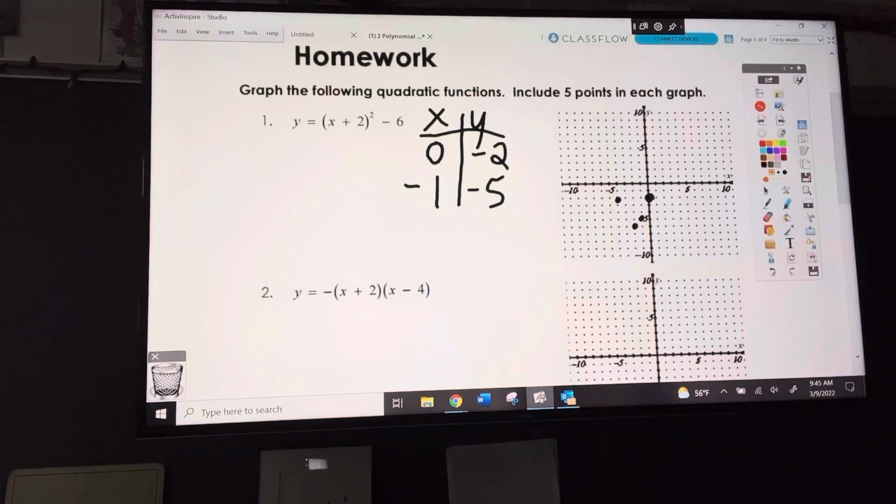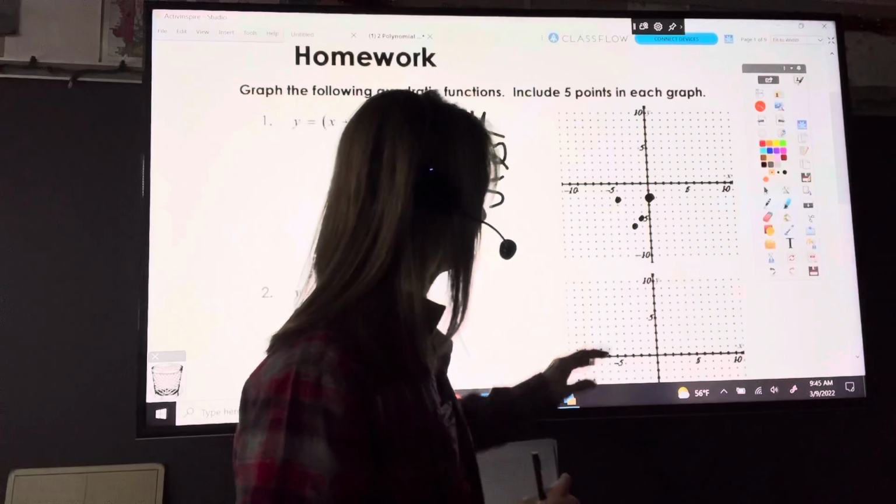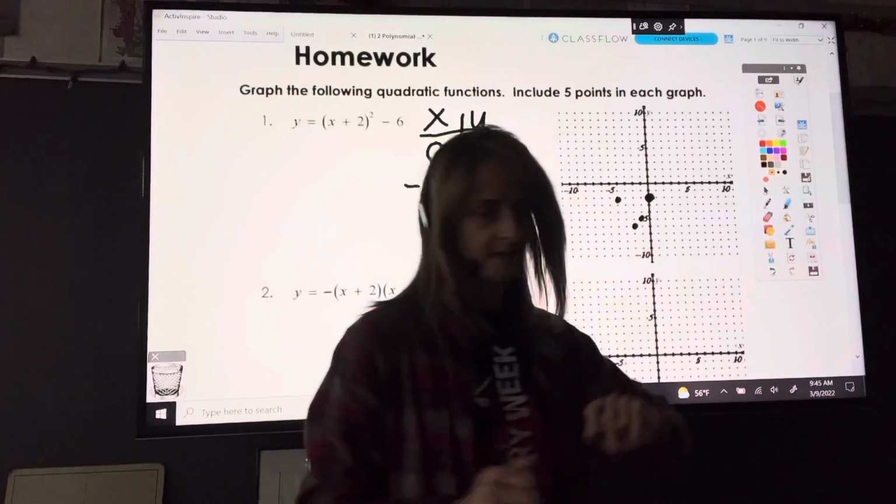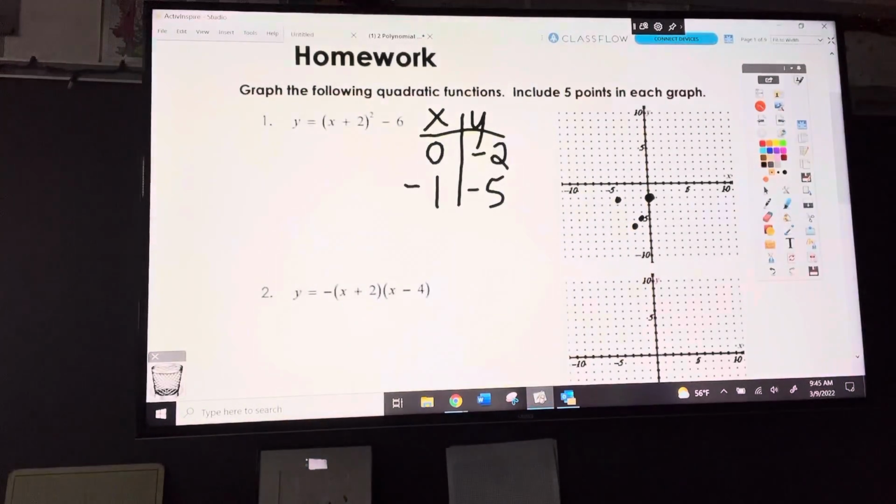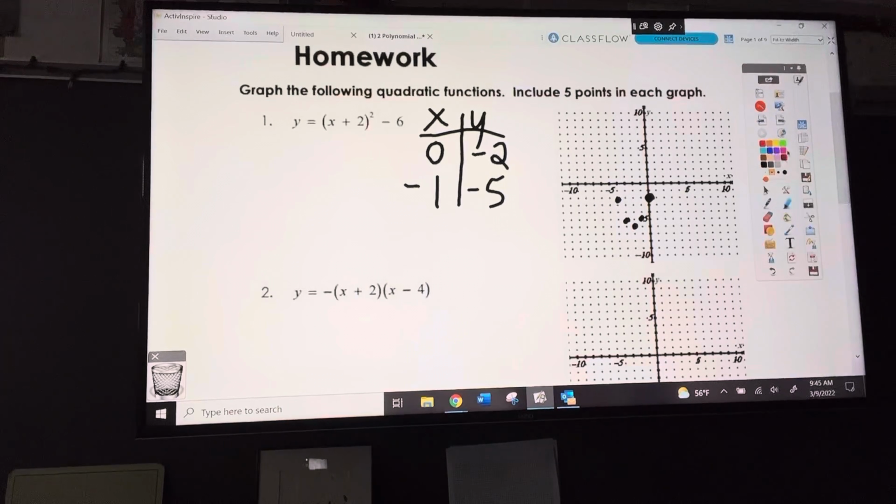And that point just verifies that we're in the right place here, and I could also reflect that point. And then you just draw your curve. That's it for vertex form.